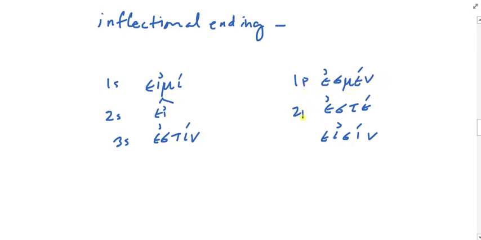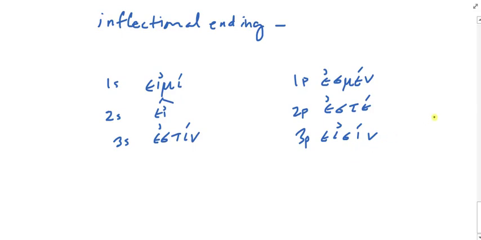Second person plural. Este. Is y'all are. I will go ahead and use y'all just to make sure nobody's confused. So no, you guys is not appropriate. Not in Texas. Okay, so you all are, y'all are, you are. And then third person plural, esin, is they are. And that they could be any gender.